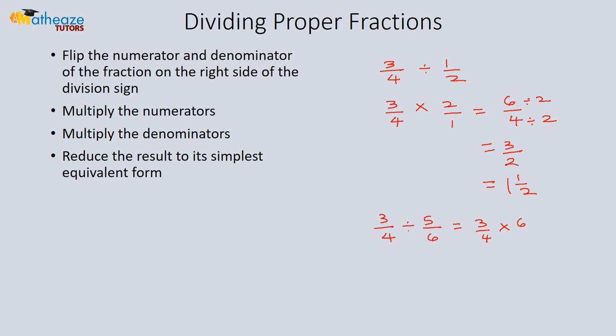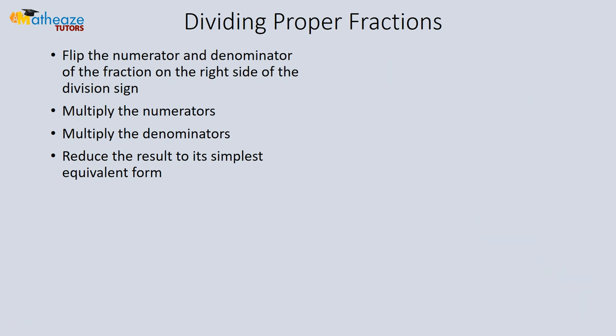So that's going to give us 6 over 5. So we can multiply the numerators and then multiply the denominators. So this is going to give us 18 over 20, and when we reduce this, we divide both by 2, we get 9 over 10.